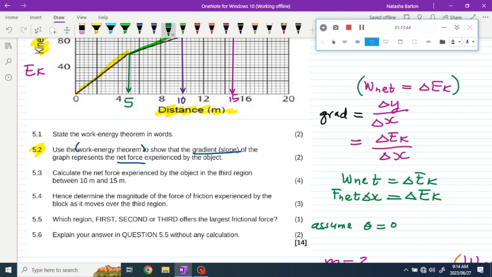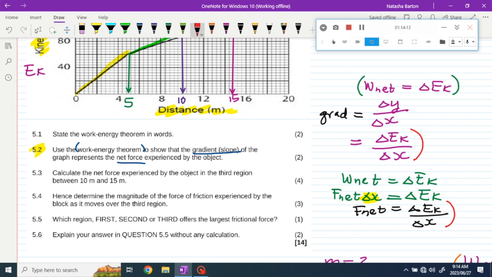I can get this on one side by dividing both sides by change in x, and I end up with F net is equal to change in Ek over change in x. In doing so, I have just proven that the gradient, which is change in Ek over change in x, is equal to F net.